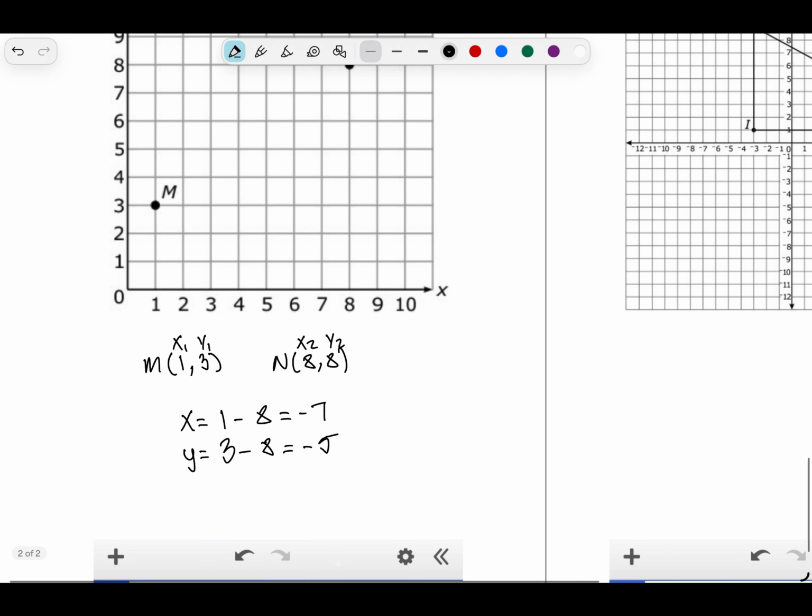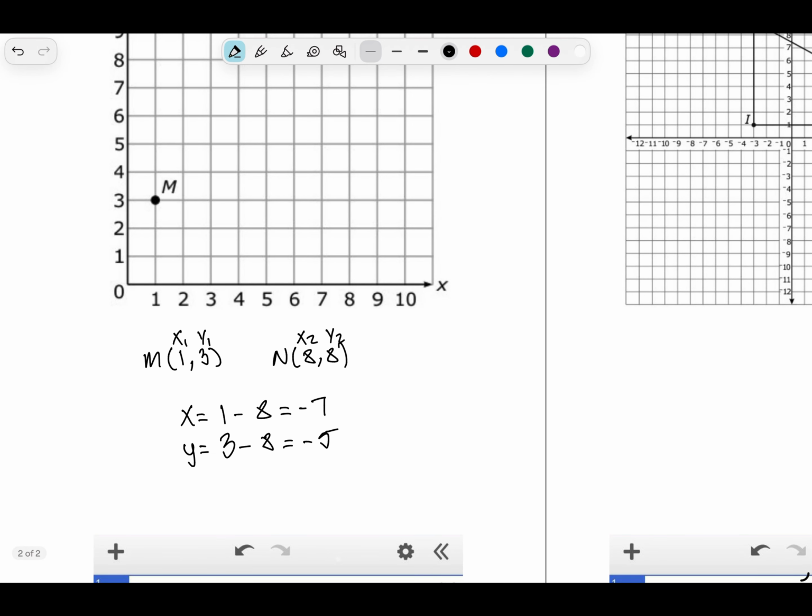Alright, so once we get that, we can set up our template. So we do our square root, open parenthesis, we put the -7 in there, close, squared, plus, open parenthesis, we put our -5, close parenthesis, squared.